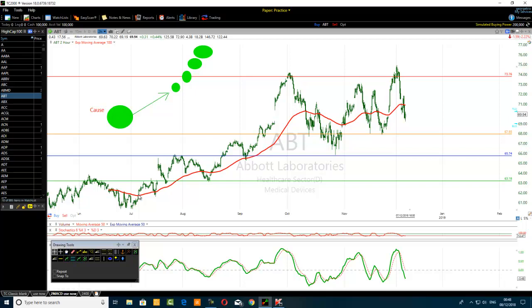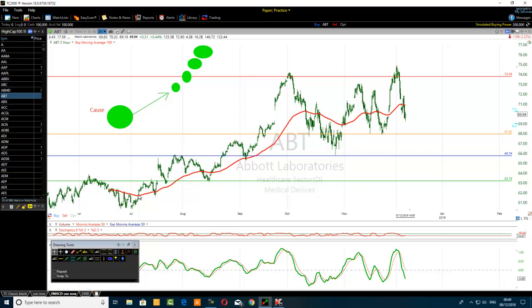What is causing MACD to go below its signal line and what is causing MACD to go above its signal line? A support and a resistance level. The key levels will cause MACD to go above its signal line or to go below its signal line. The same thing is true when we are talking about MACD crossing the zero line, or going above the zero line.